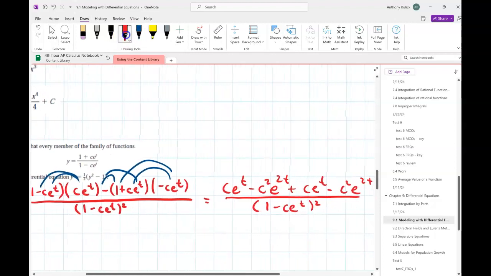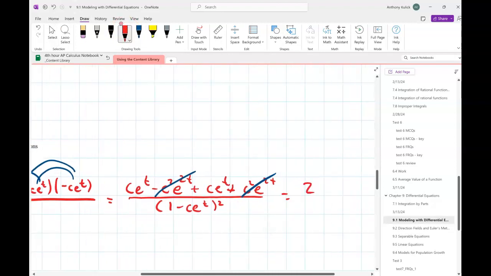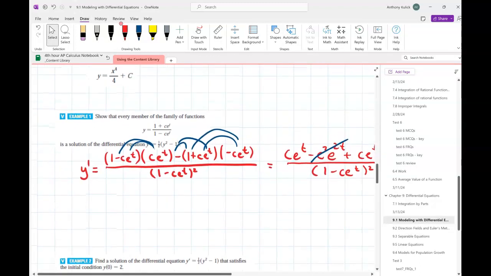This should be plus here, right, because negative and negative. Oops-a-daisy. So what we really have is 2c e to the t. Everybody feel good there? All right. So that's my y prime.